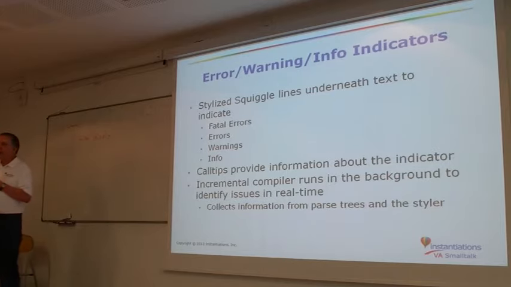On a lot of Smalltalk systems, like using our other text editor, there'll be an inline message. It'll say undefined variable right in front of the variable. This is kind of annoying. It's much nicer to get one of these little squigglies, mouse over it, and see a pop-up that tells you what's going on.